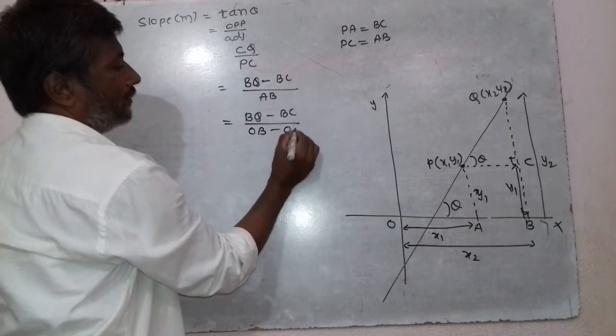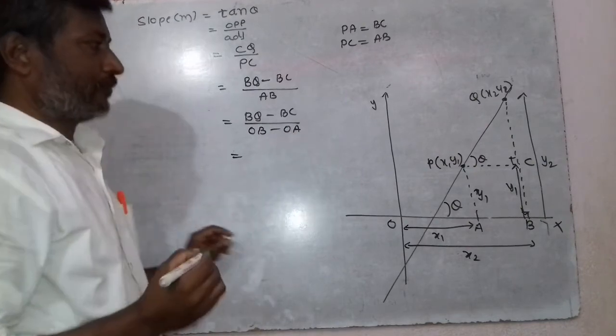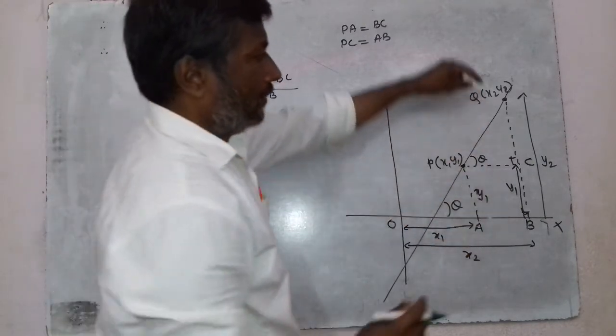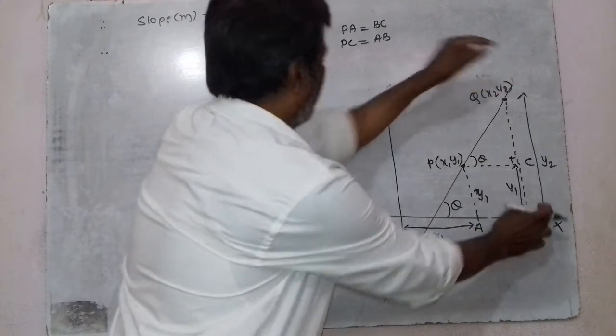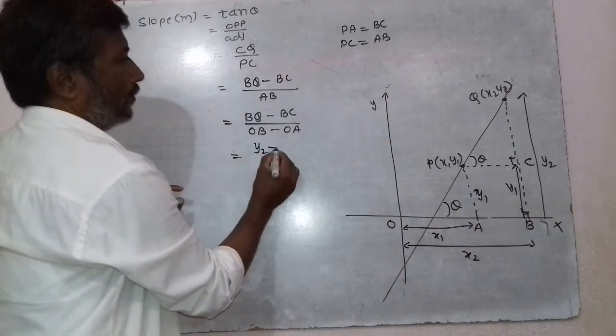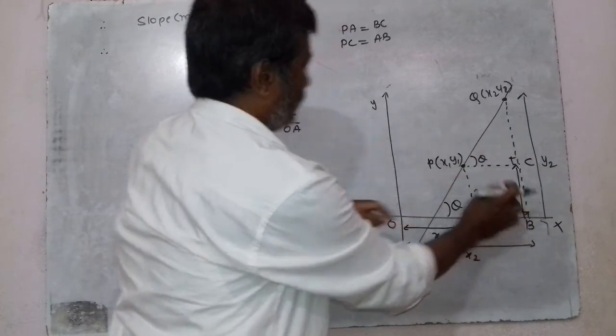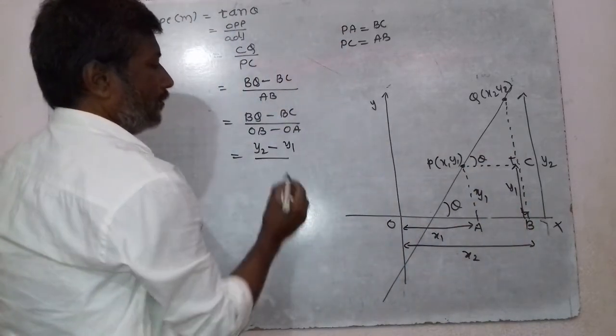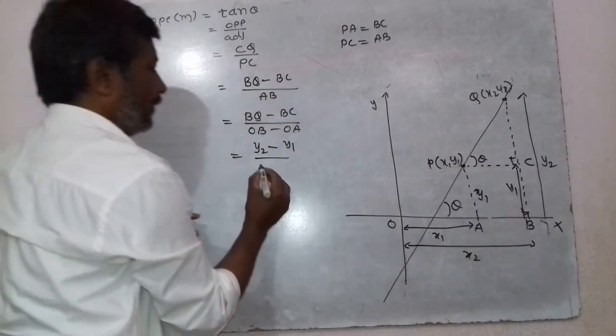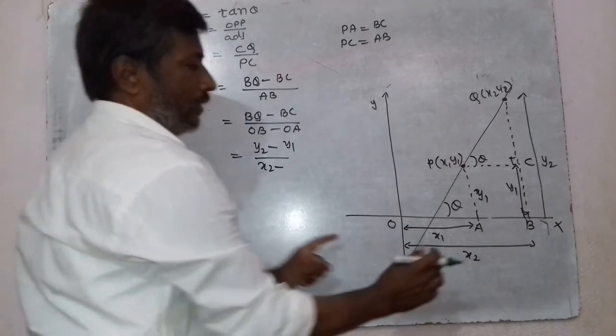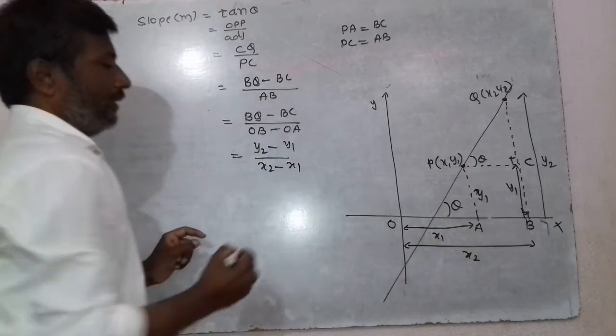Observe that the height BQ is y2, BC equals y1, OB equals x2 and OA equals x1.